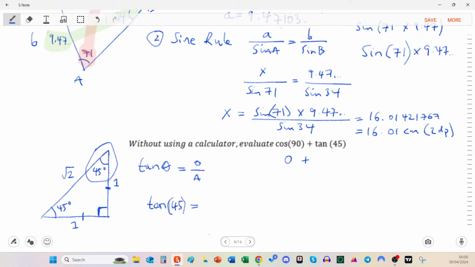The opposite is here, that's 1, over the adjacent, which is here. So that's also 1. So tan 45 equals 1. You can verify that on a calculator. But if you didn't have one, like in this question, this is how you do it. You refer to your triangles with which you can draw everything on them.